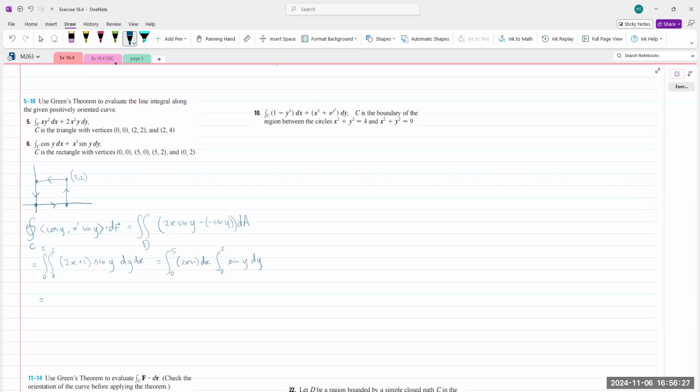We get x squared plus x from 0 to 5 times negative cosine y from 0 to 2. That's 25 plus 5, that's 30, times 1 minus cosine 2. That's for number 6. Let me circle it so we know which one we worked on.